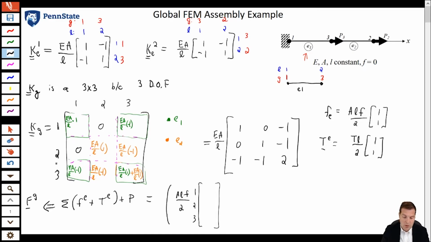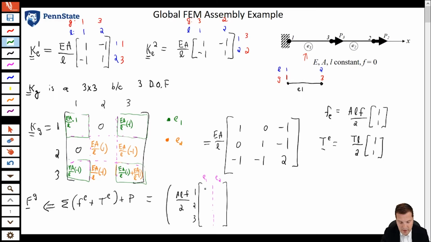So even though our nodes are not in order, we're still going 1, 2, and 3 in our global numbering sense. In that case, we're going to have 2 elements. I should probably leave a little more room here. And we'll put another magenta line down here. This would be E1 and E2. So what are our forces here? E1, what is that going to represent? E1 is 1 and 3 globally, right? So 1 and 3.